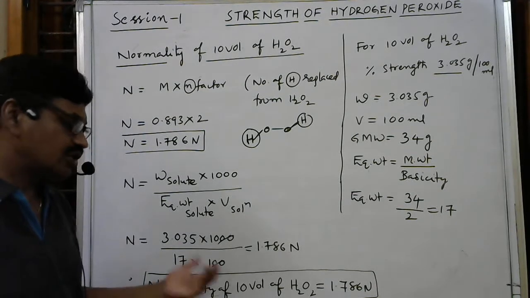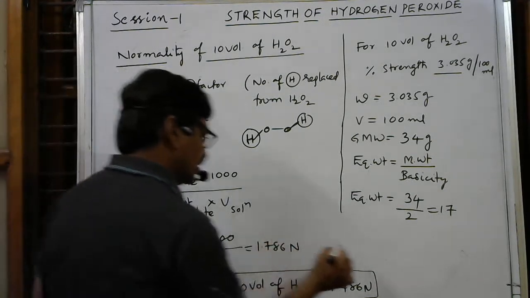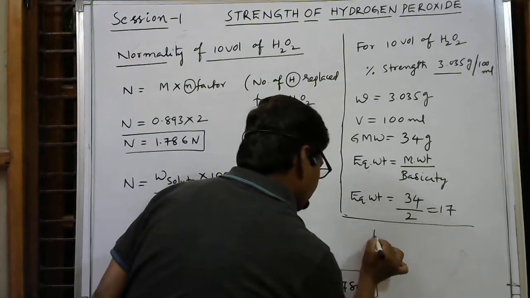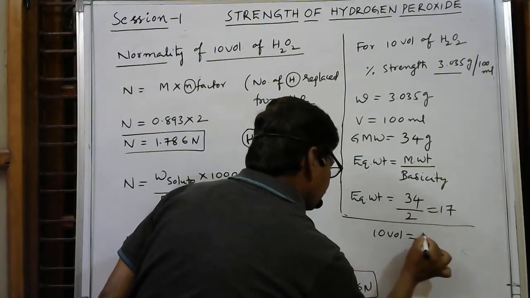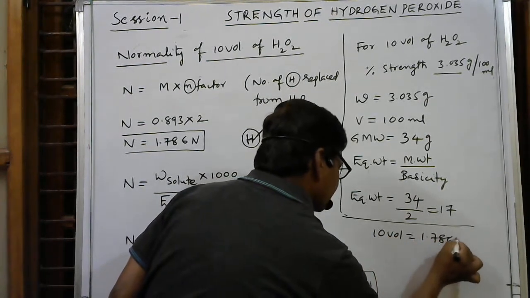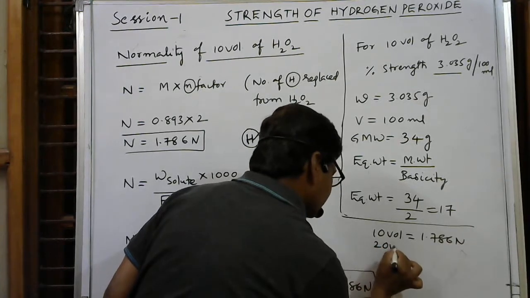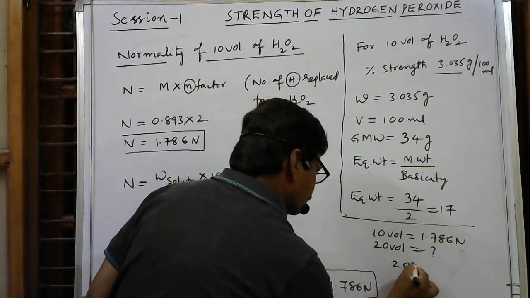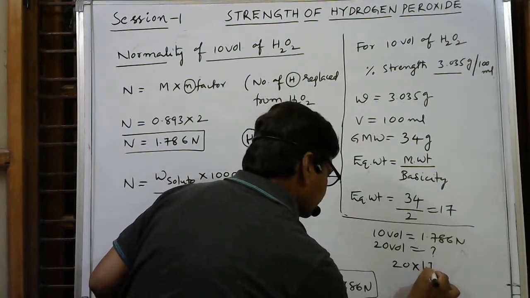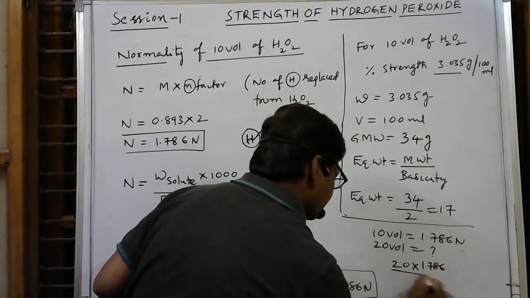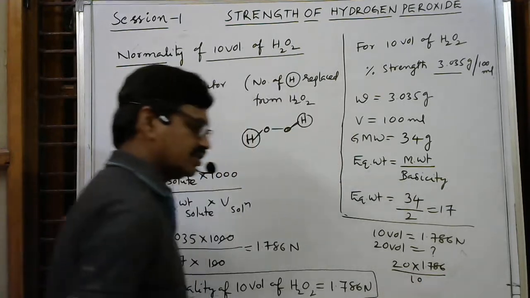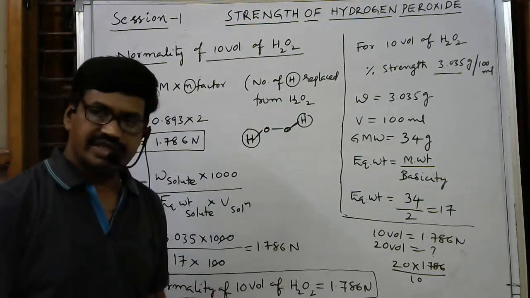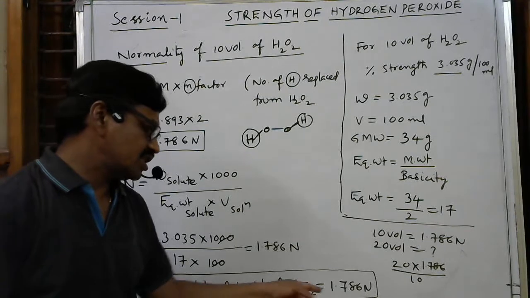If they ask for 20 volumes, 10 volumes, here I am doing a rough calculation. For 10 volumes, it is 1.786 N. If it is 20 volumes, how much is it? Just do cross multiplication: 20 into 1.786 by 10. It is double of 1.786. If it is 30 volumes, it is triple.